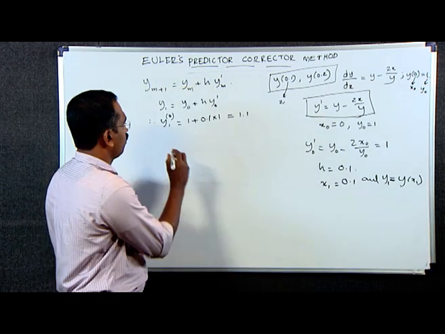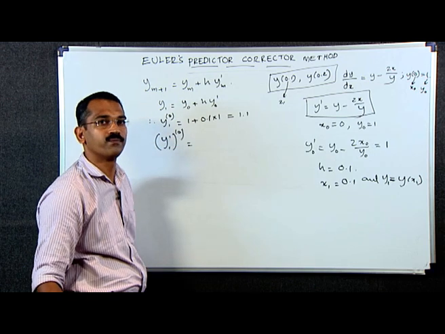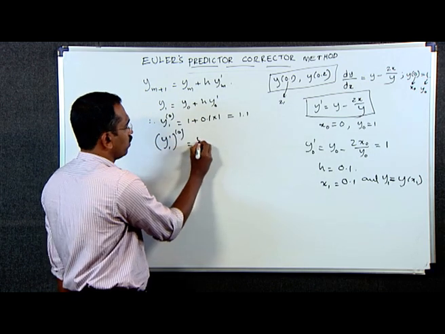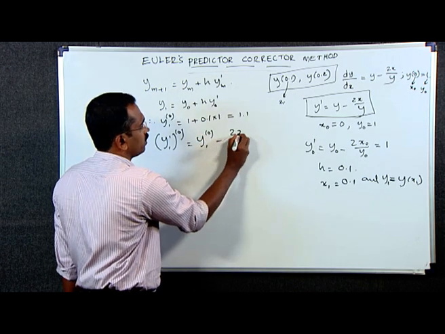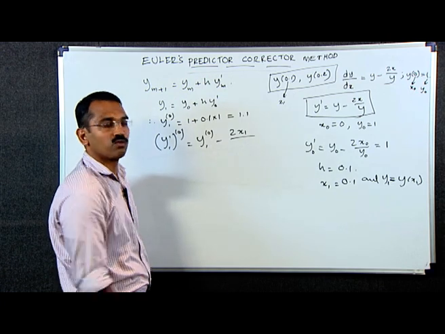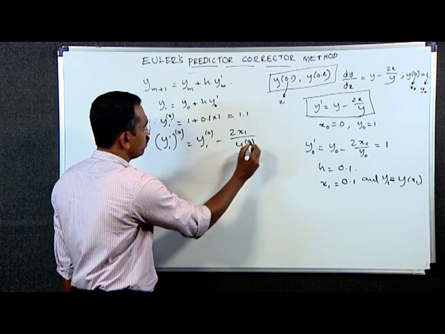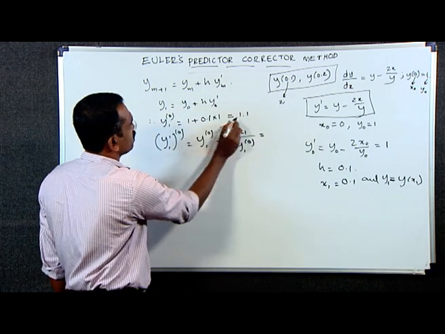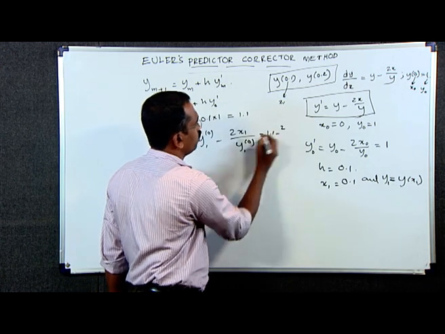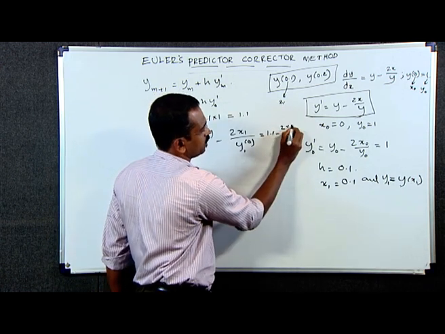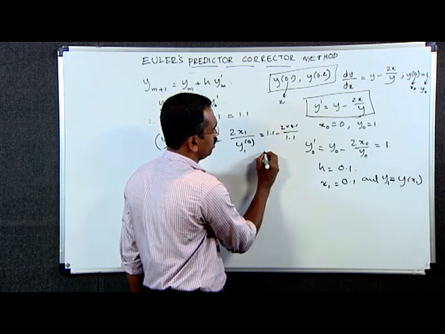Now, y1 dash 0 is equal to y1 0 minus 2x1 divided by y1 0, which is equal to, here y1 0 is 1.1, minus 2 into x1 is 0.1, divided by y1 0, that is 1.1.